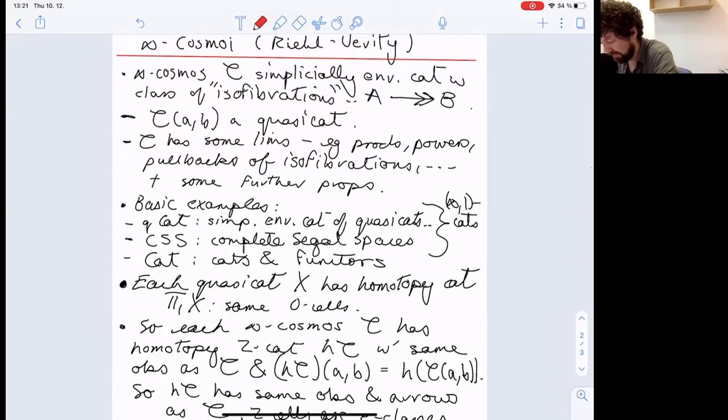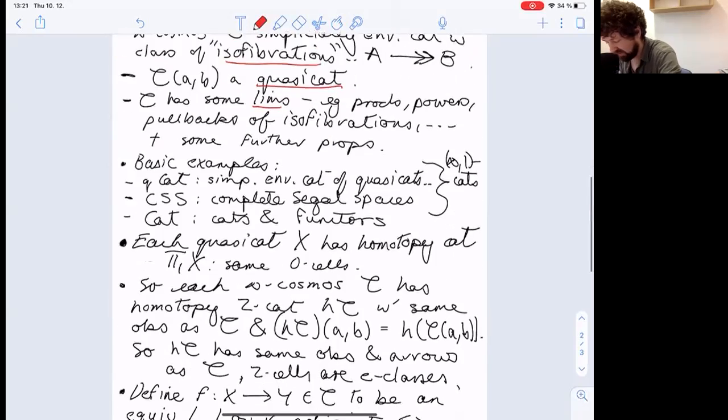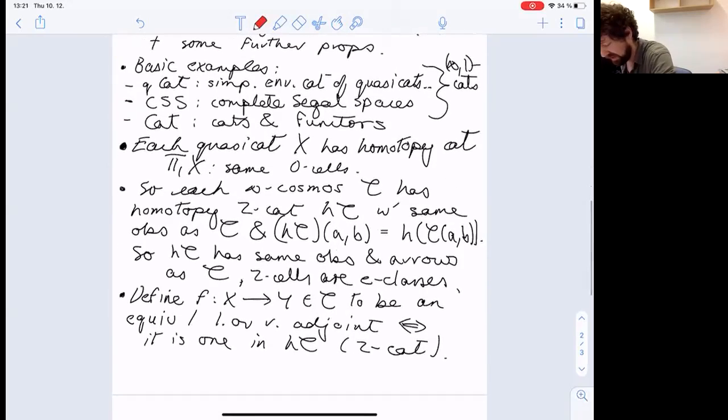Maybe, since I've started with my red pen, I'm going to highlight the key points as we go along. So, homotopy 2-category.